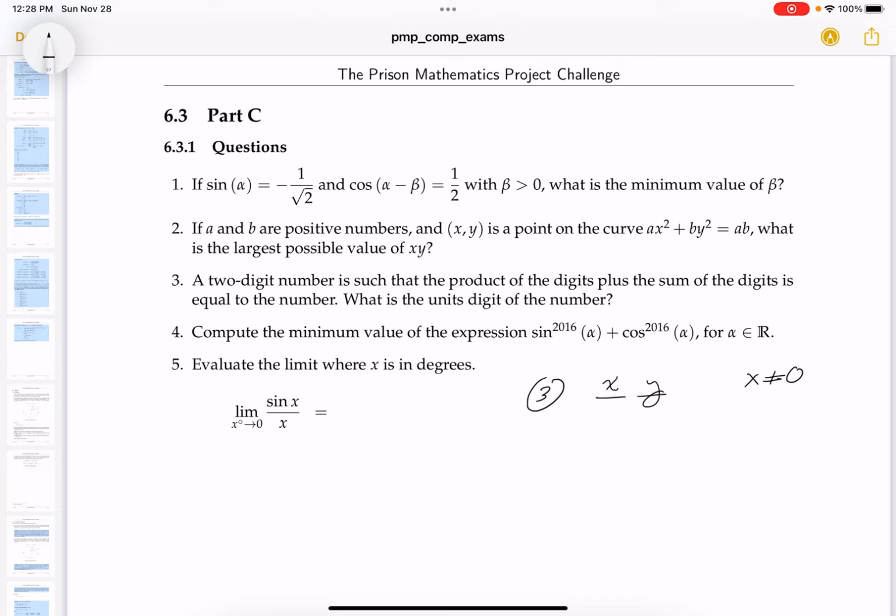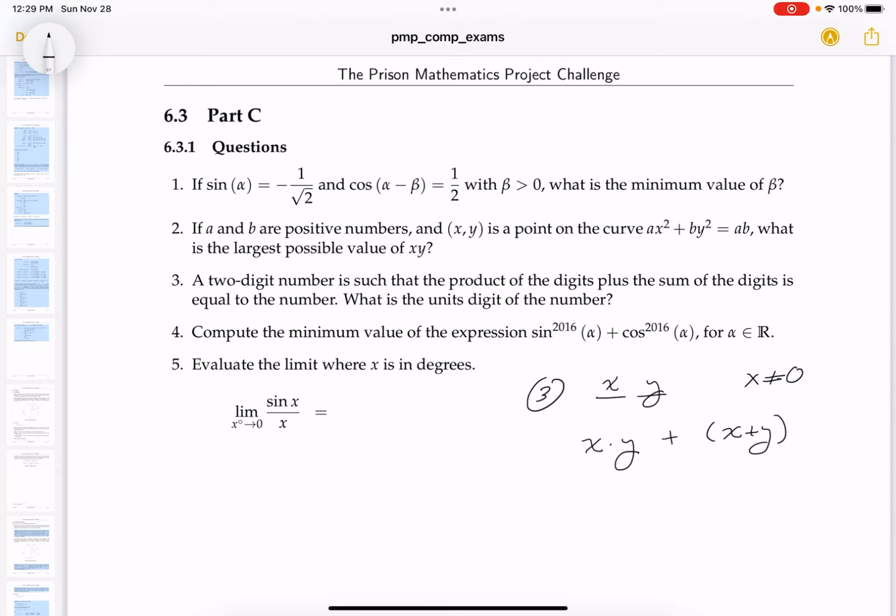A 2-digit number is such that the product of the digits, well, let me write this down. The product of the digits would be x times y. The sum of the digits would be x plus y.